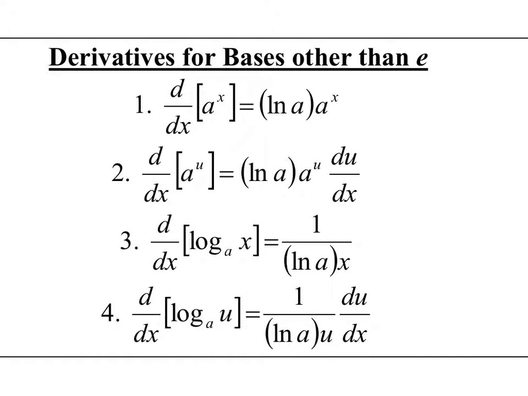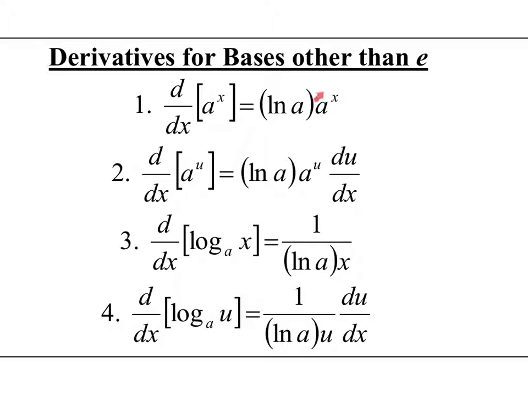Okay? So, let's now look at applying these rules. Just a reminder, remember that instead of e to the x, we have a to the x, but the rule is very, very similar. The derivative of a to the x is a to the x times ln of a. The derivative of a to the u is a to the u du dx times ln of a.